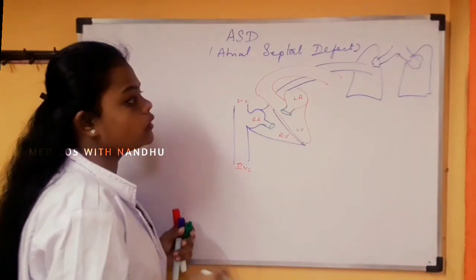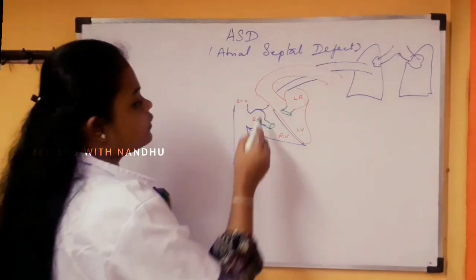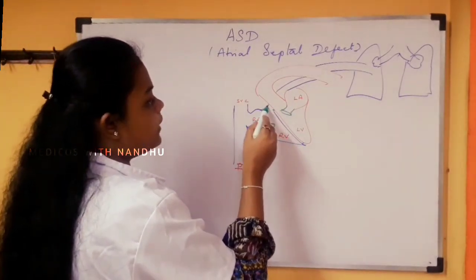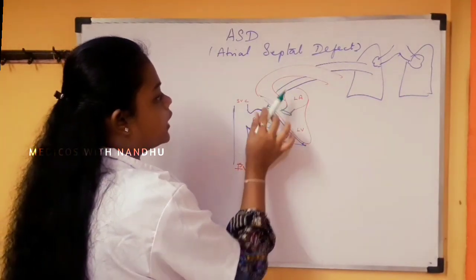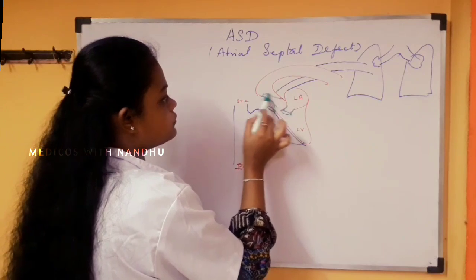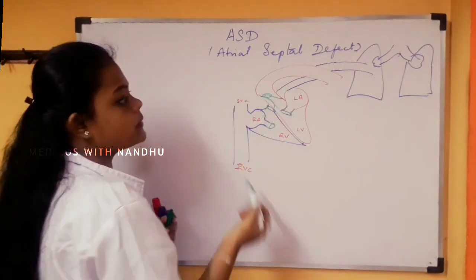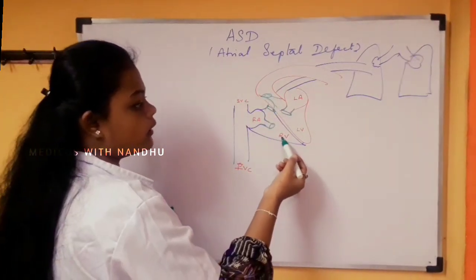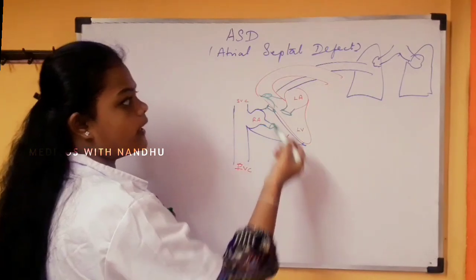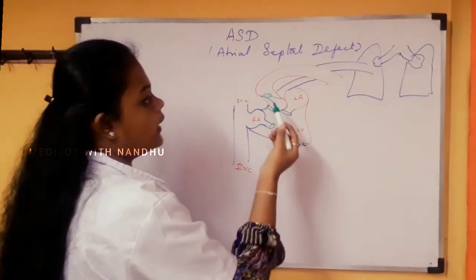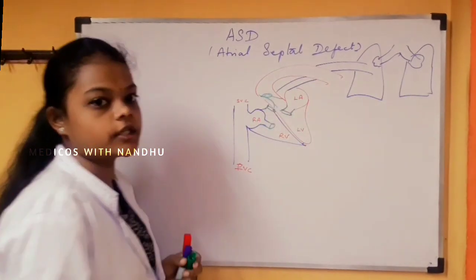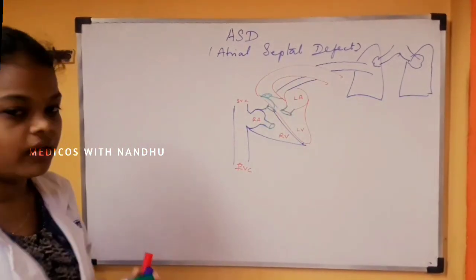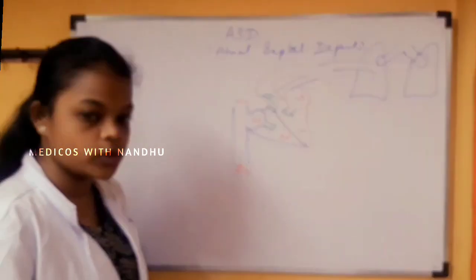And the two output valves are the pulmonary valve and the aortic valve. The pulmonary valve is present between the right ventricle and the lung, and the aortic valve is present between the aorta and left ventricle. So these were the normal parts of the heart which we should know.